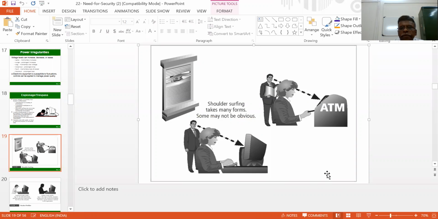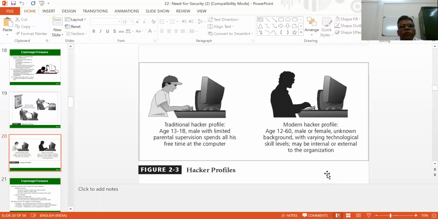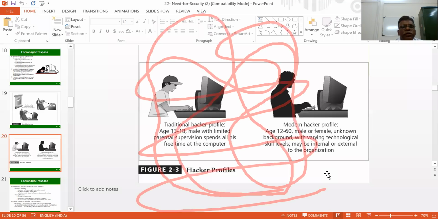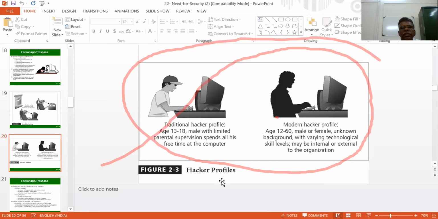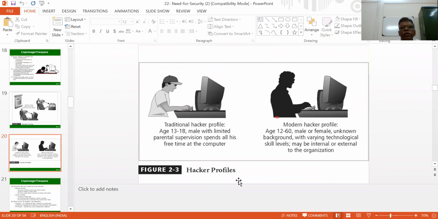And then you can go for the hacker profiles. They set up their own environment, with limited supervision, and it may be male, female, or unknown background people.